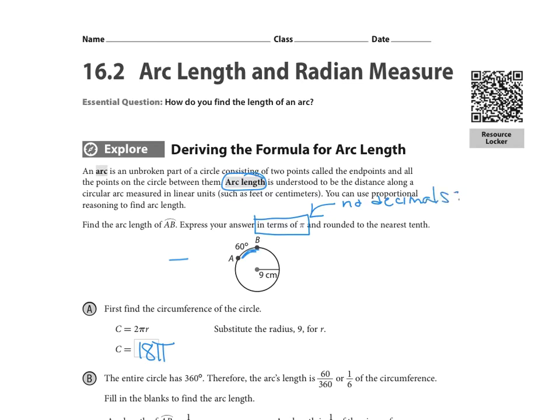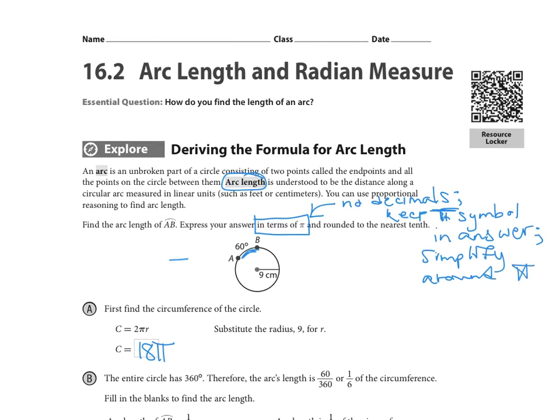I am going to keep the pi symbol in my answer, and I'm basically just going to simplify everything around the pi symbol, but leave the pi in it.